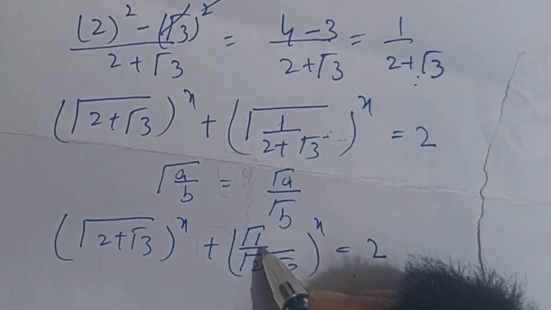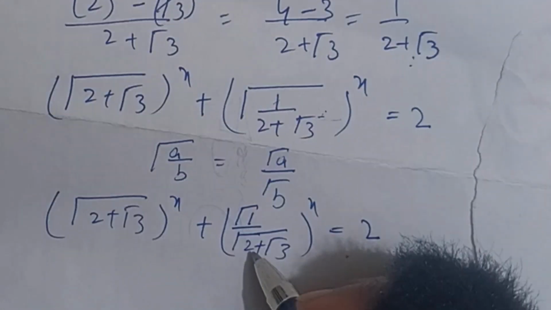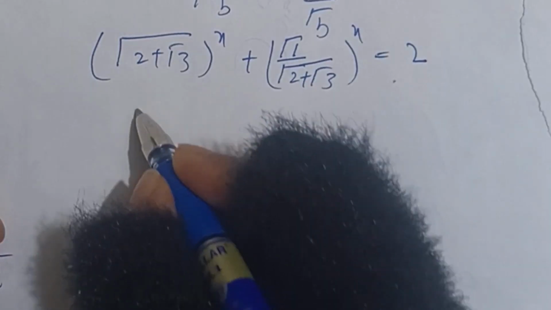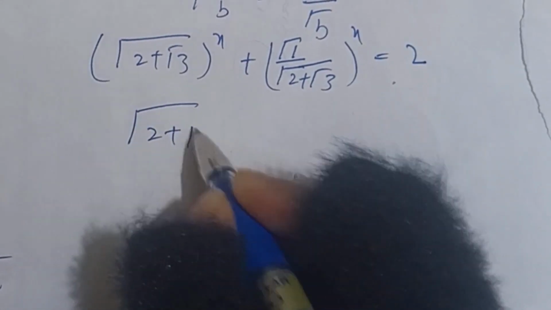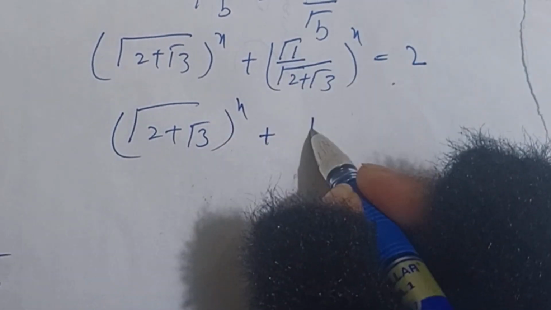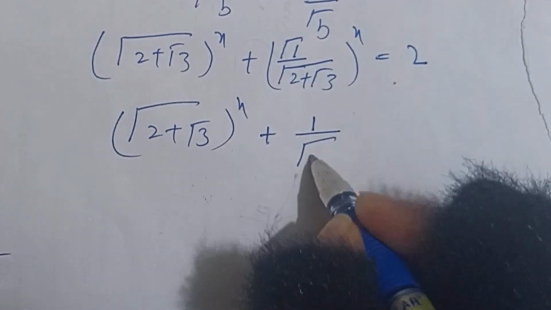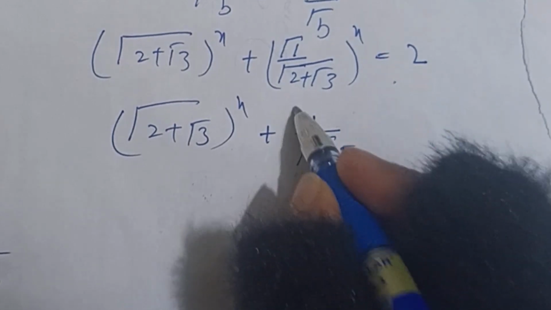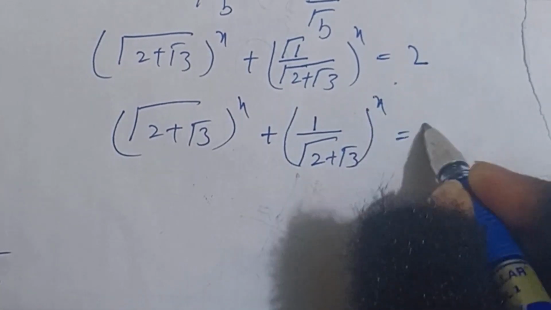As we know, the square root of 1 is 1, so this becomes (√(2 + √3))^x plus 1 over the square root of 2 plus √3, whole raised to the power x, equal to 2.